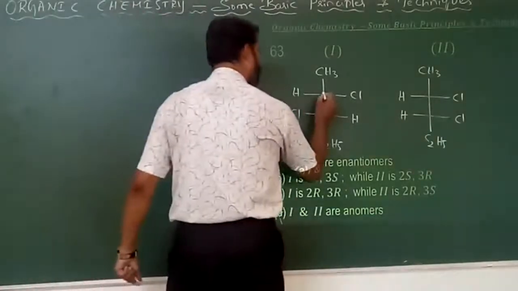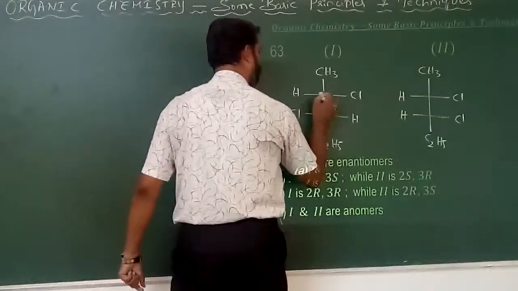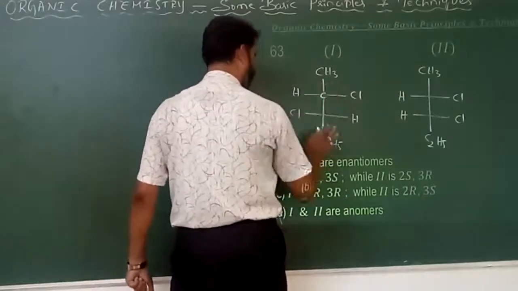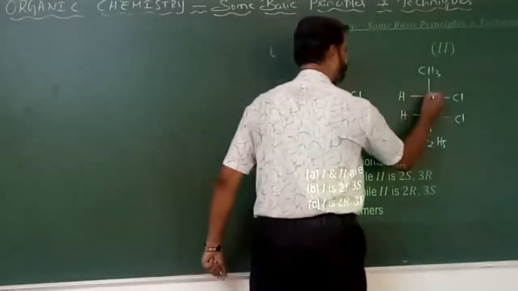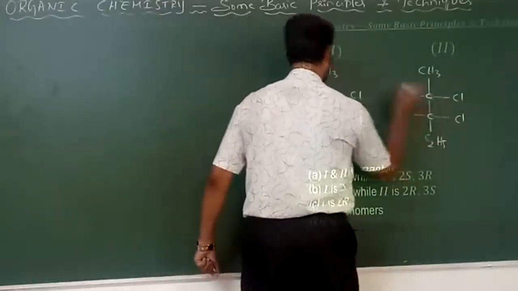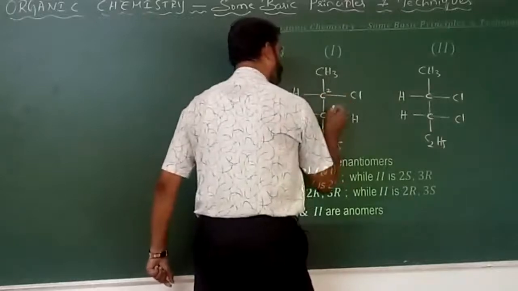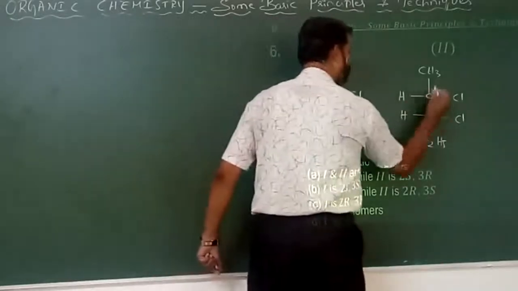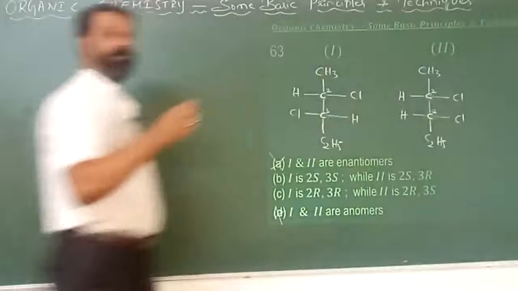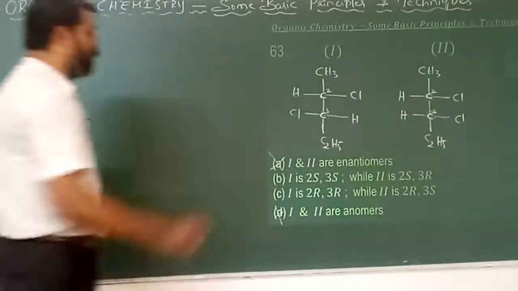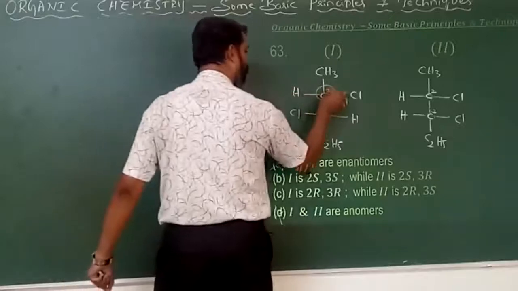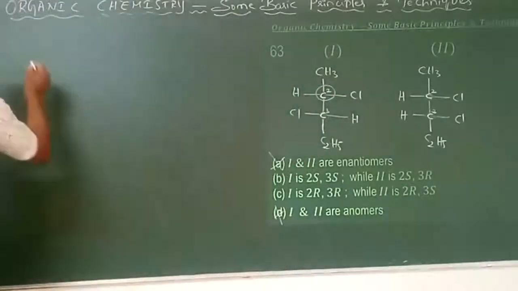So as this is the carbon, let's mention that as C. Here it is also C. Here it is also C. Let us call this C2. This is C, this is called C2 and this is called C. Both are chiral centers now. Assuming this in the first place.